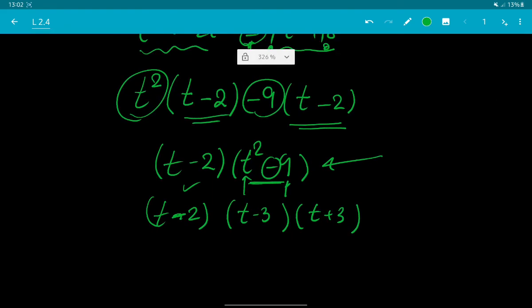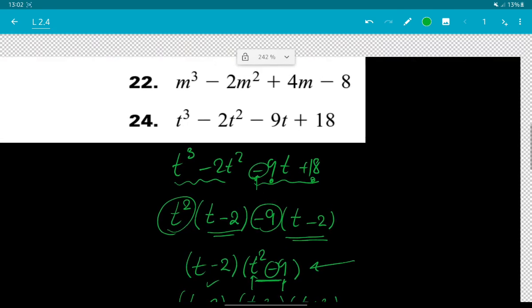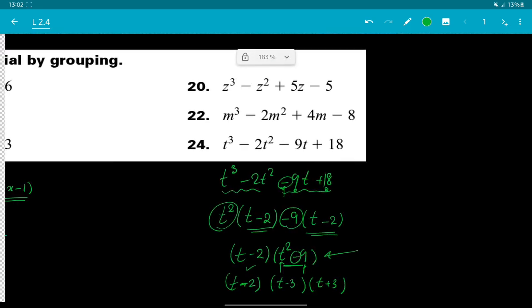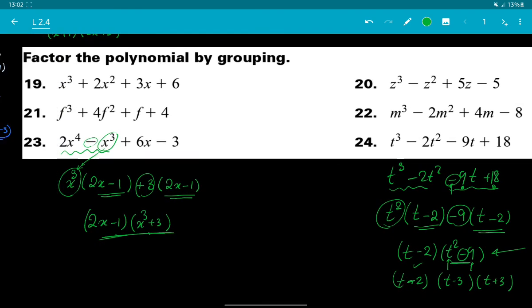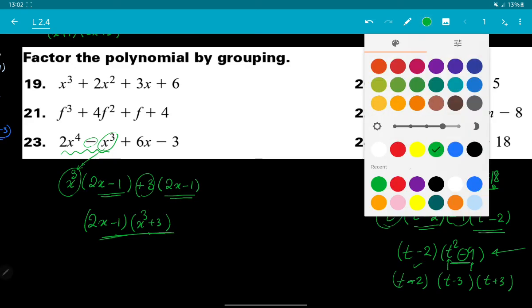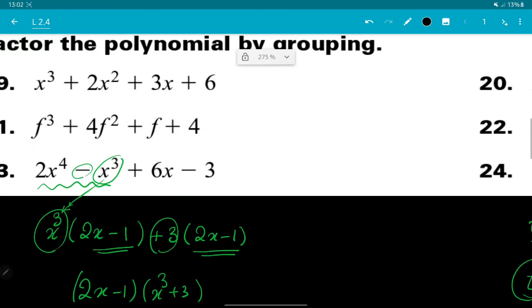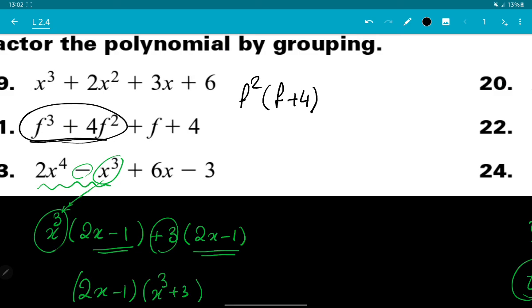But I have a different idea about one of the questions, and we will discuss this in number 21. In number 21, you can see that we can take f power 2 as a common factor, leaving f plus 4 in the first group.